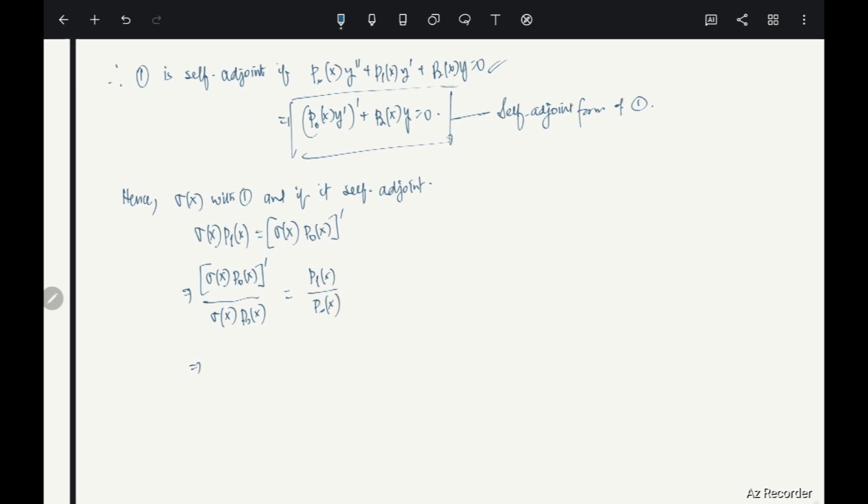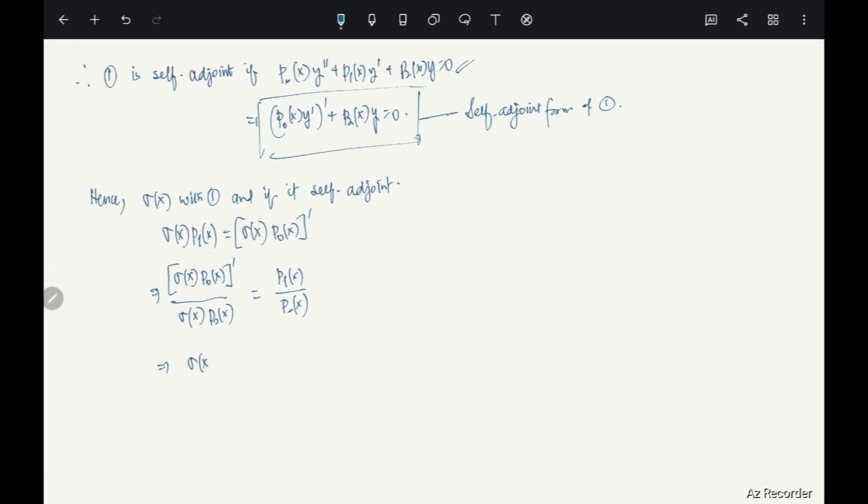So that will give us sigma of x, and if you integrate both sides, it is going to be 1 by P naught of x times exponential of the integral over x of P1 of s by P naught of s ds. This is what you are going to get, right? This is the integrating factor, which when you multiply it with your equation will make 1 exact.